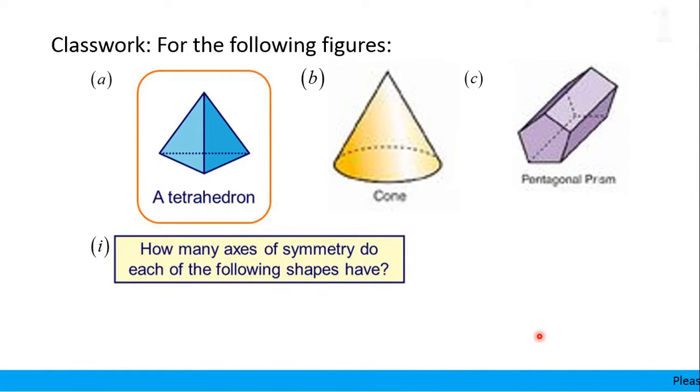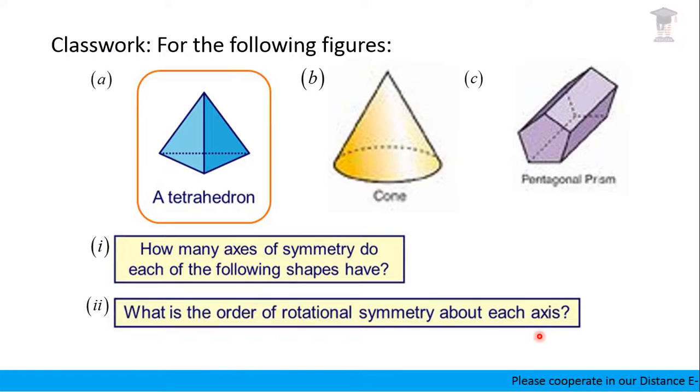How many axes of symmetry does each of the following shapes have? 2. What is the order of rotational symmetry about each axis?